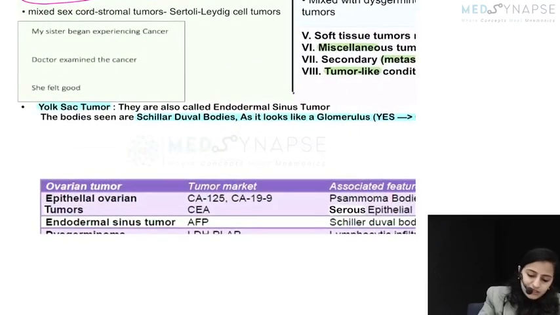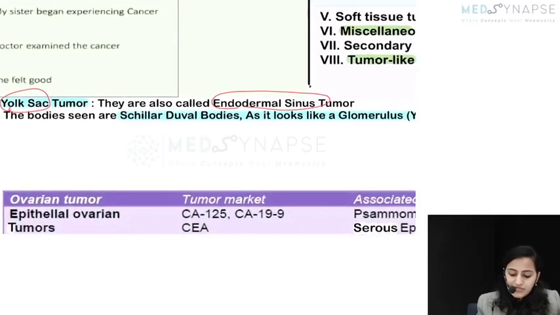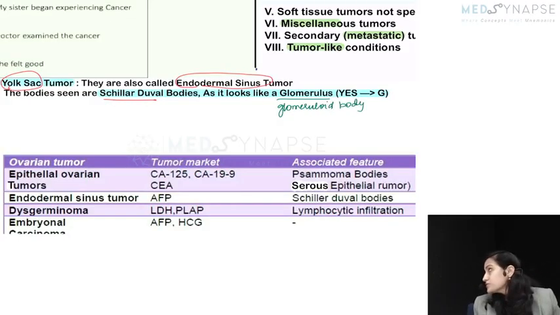The yolk sac tumor is also called endodermal sinus tumor. The bodies that you see here are which bodies? Schiller-Duval bodies, or it is also called glomeruloid body. The tumor has two names, the bodies also have two names.